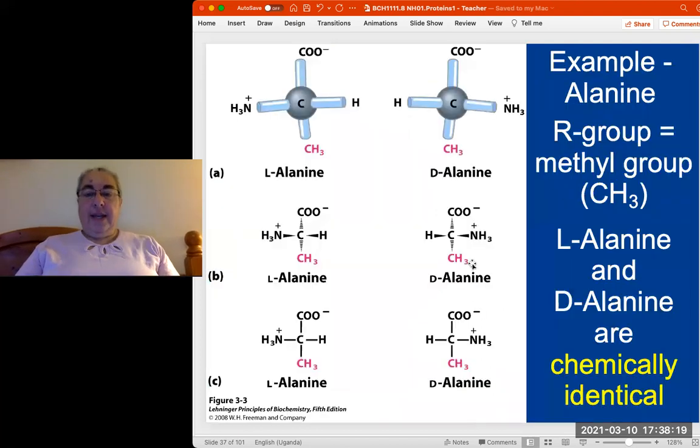So here is an example of one amino acid, alanine. In alanine, the R group is a methyl group, CH3. Okay, so alanine has a CH3 group attached here, as well as the carboxyl group that all amino acids have. So 2 different forms of alanine, L-alanine and D-alanine.